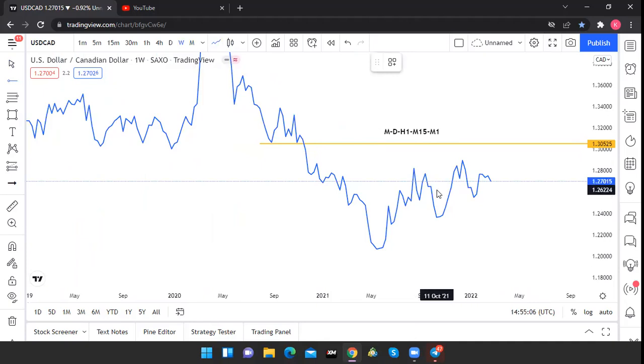Mana ni? Kalau ambil yang lekuk tu pun boleh tak? Tu. Okay. Kat sini.